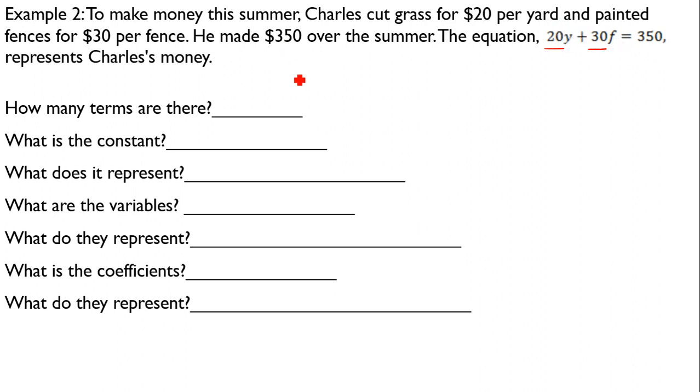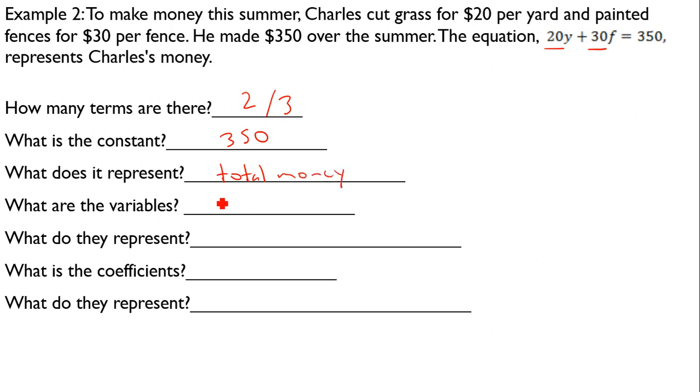So we're just going to count these two as our terms. And then we end up with this constant on the other side, right? We know how much money he ended up making, right? And really on this one, guys, we kind of had to be clear, since this one's on the other side of the equal sign. The constant is 350. That's total money, right?